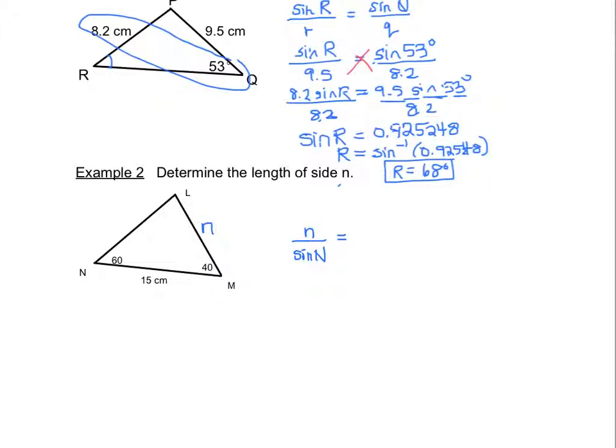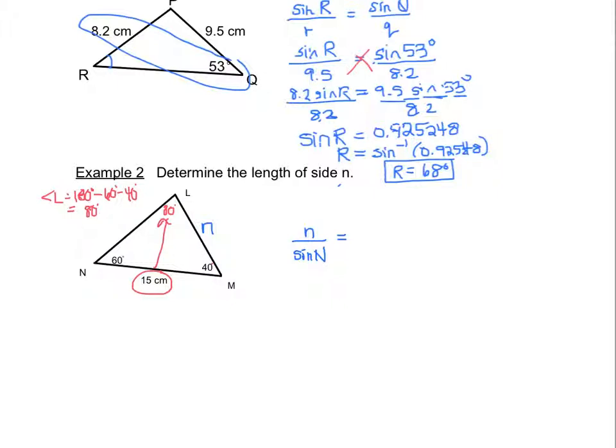We know the measure of side L is 15 centimeters, but we don't know the measure of angle L. However, we do know the angle measure for the other two angles in the triangle. So if we subtract them from 180, we could find the measure of angle L. So 180 minus 60 minus 40 tells us that angle L is 80 degrees.